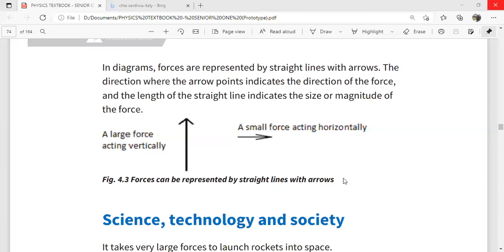Excuse me, teacher. Yes, please. I'm listening. Is it standard that 1 centimeter represents 1 newton? In actual sense, let me tell you girls, it is only when we are required to draw those diagrams on scale that we use a scale diagram.